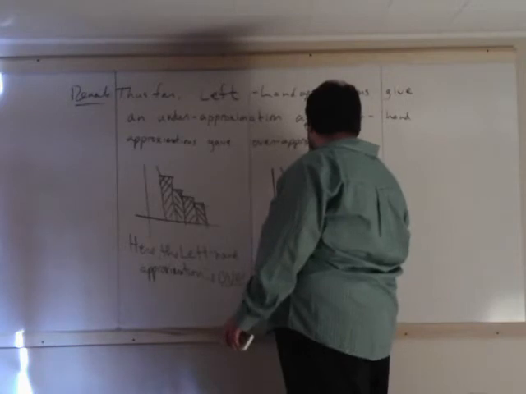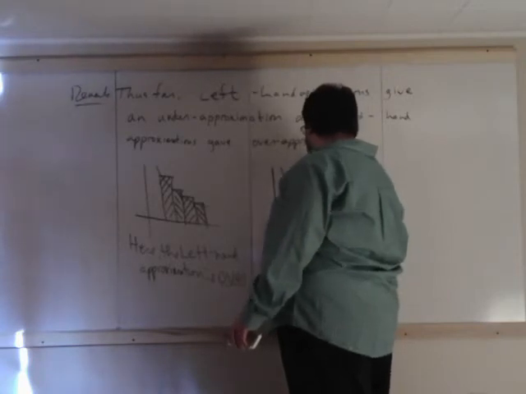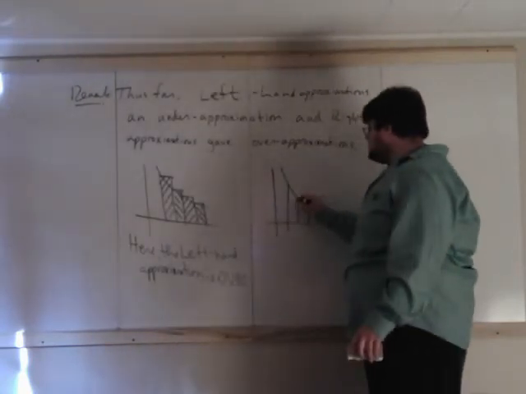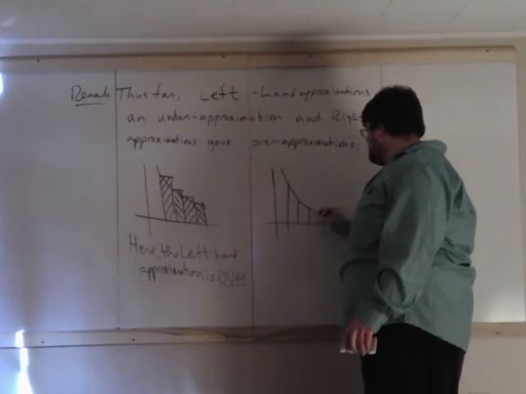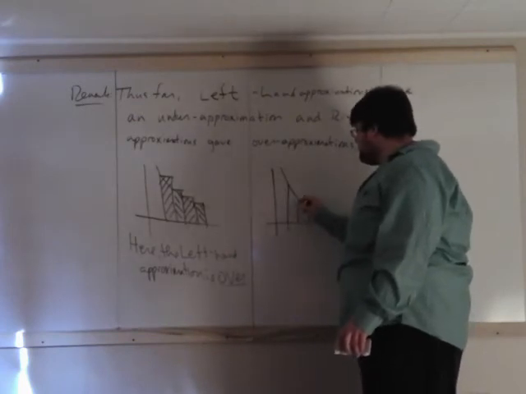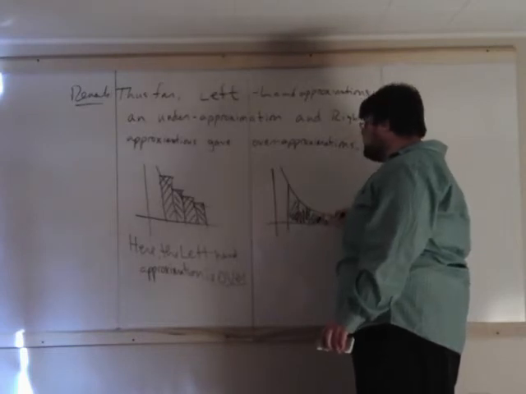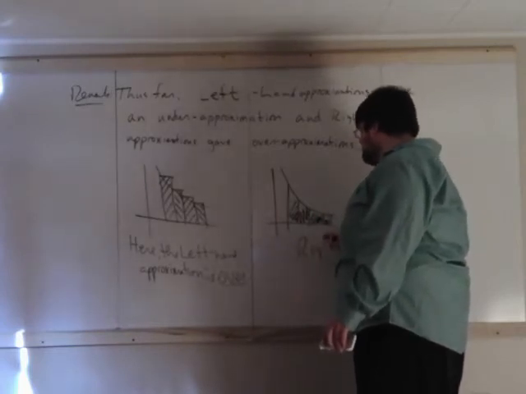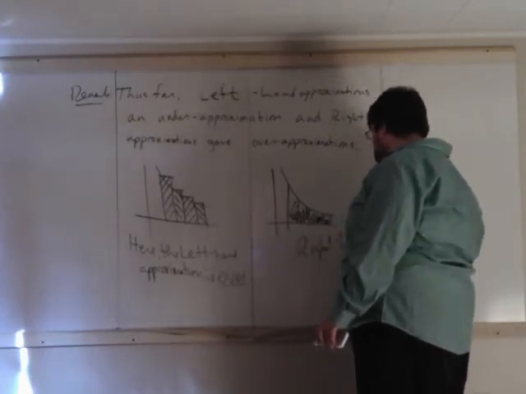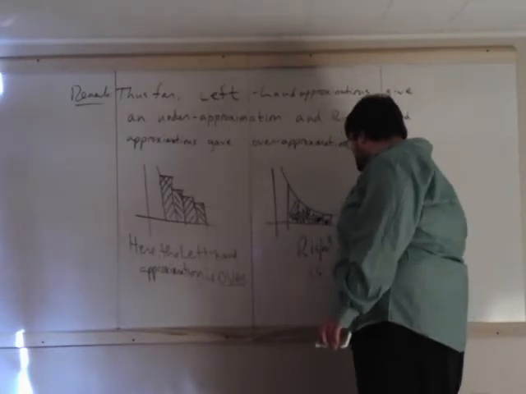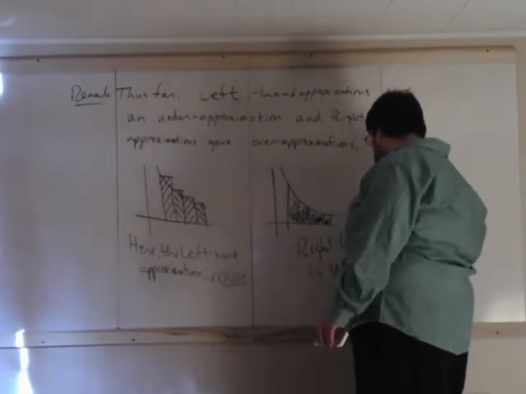The right-hand approximation with 4 rectangles would look like this. That last one's kind of poorly drawn. But the right-hand approximation would be an under approximation.